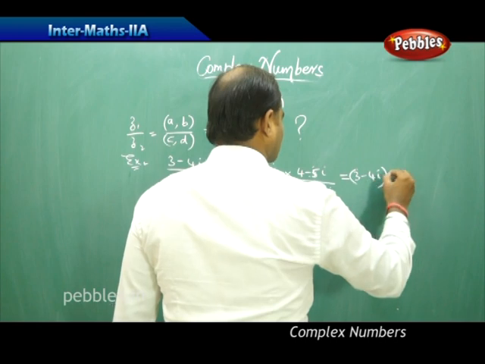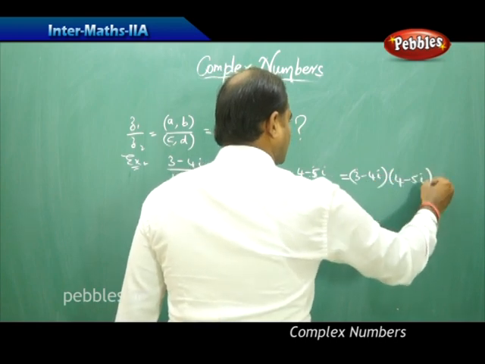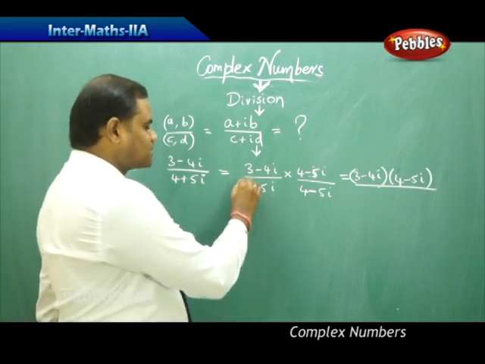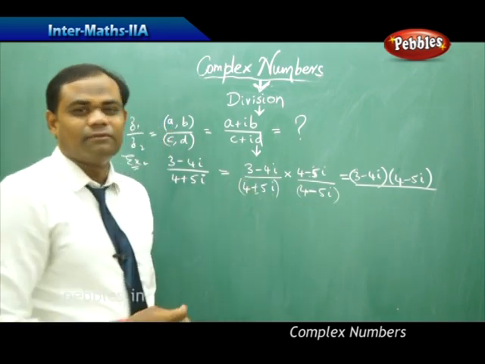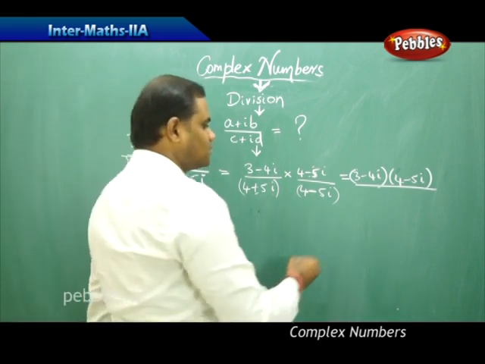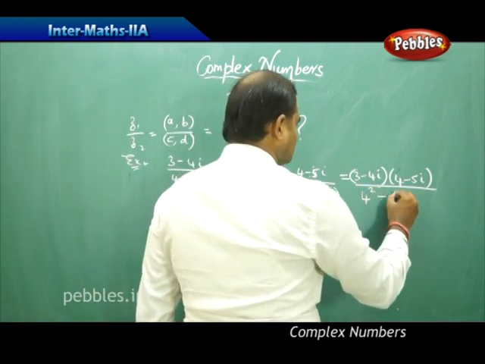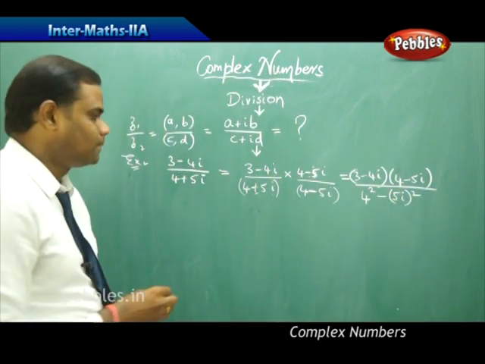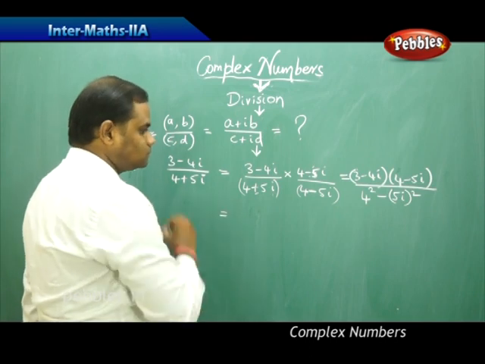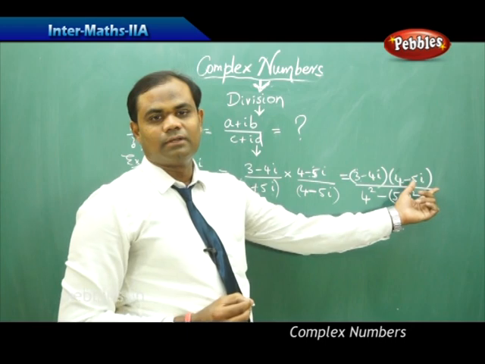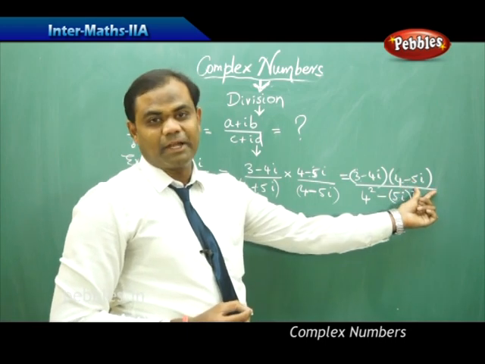3 minus 4i into 4 minus 5i multiplied together. Now the denominator is clearly of the form a plus b into a minus b, which is a square minus b square. Next, I simplify the numerator by expanding the brackets.